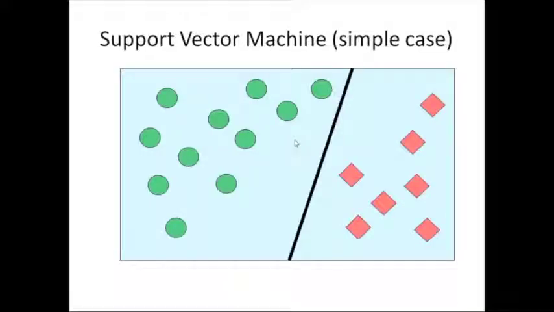Another method that's a bit more complicated than k-nearest neighbors and nearest centroid is known as support vector machine.